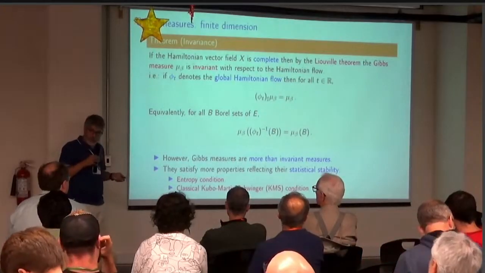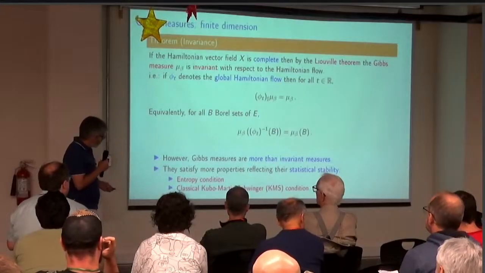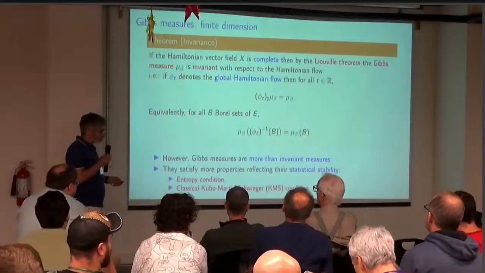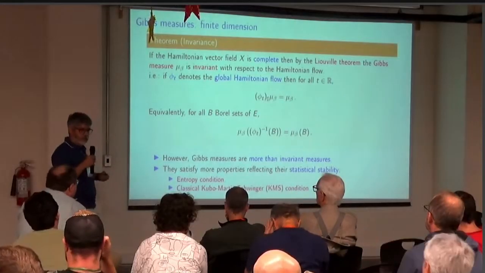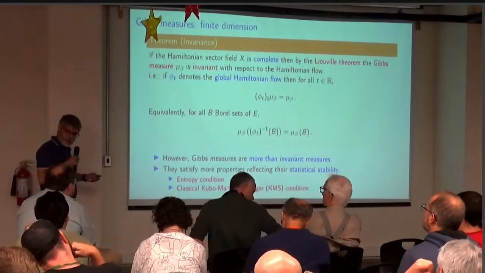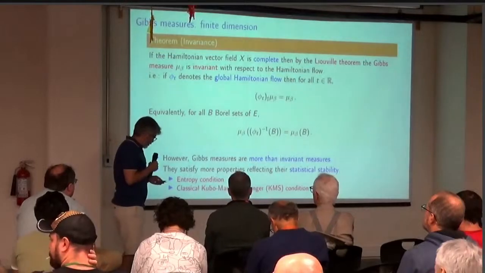This originates mainly in quantum mechanics, and it characterizes equilibrium states for quantum systems, but it has a counterpart for classical systems. So it can also be used to characterize equilibrium states or equilibrium probability measures in these situations.